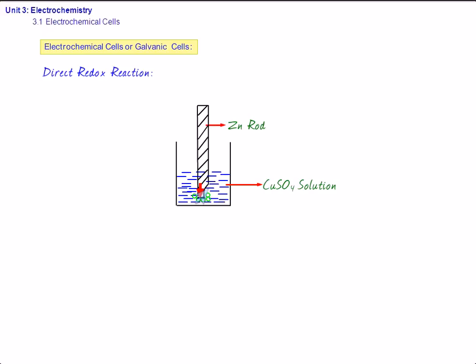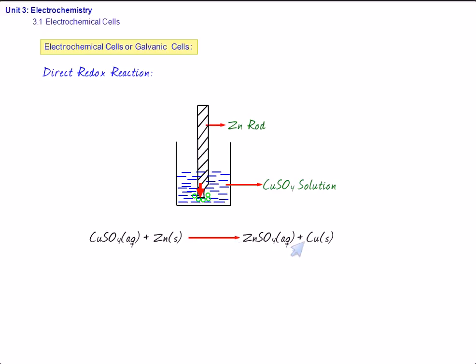How can you explain all these observations? So we say that this is an example of a direct redox reaction. We have taken copper sulfate solution, CuSO4, and then you add a solid zinc rod. This zinc is converted to ZnSO4 solution, aq, plus Cu solid.